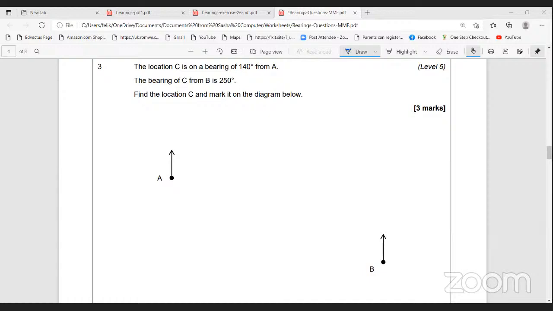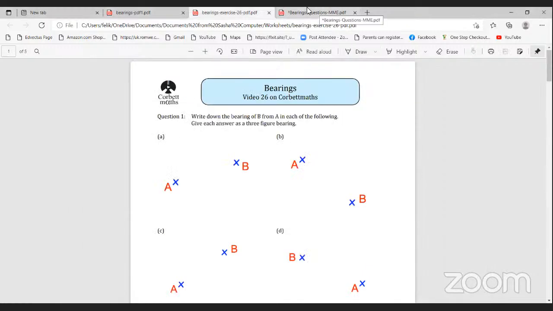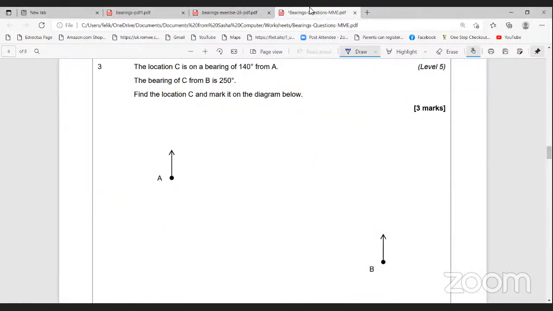Finish, miss. Everyone finish writing? Yes, miss. All right, good.